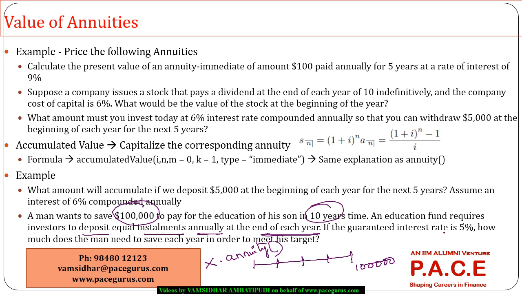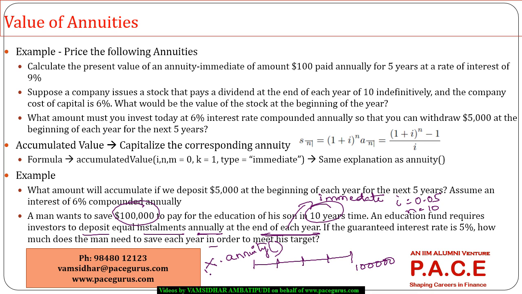So some X he has to deposit, and that X multiplied by the annuity, regular annuity, whatever we are talking of. If the guaranteed interest rate is I equal to 0.05, N equal to 10 years, and it is an immediate annuity, which is the regular annuity itself. How much does the man need to save each year to meet his target?